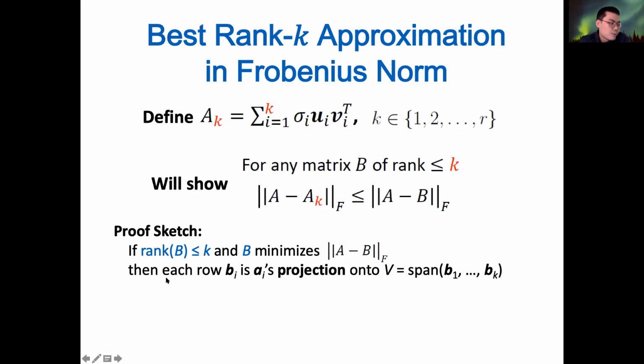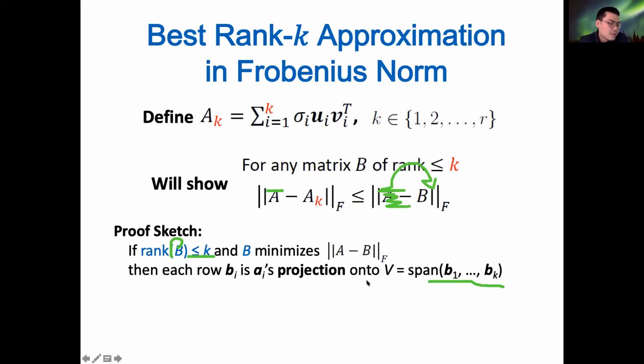then we can show that each row Bi is Ai's projection onto the V space. Now we are thinking about a particular space, V, defined by these K dimensions. This is the original A, with rows A1, A2, Aj, but we want to map them to this space.